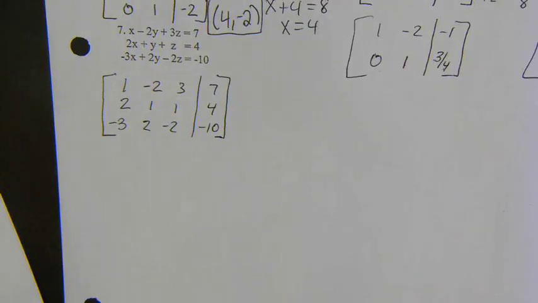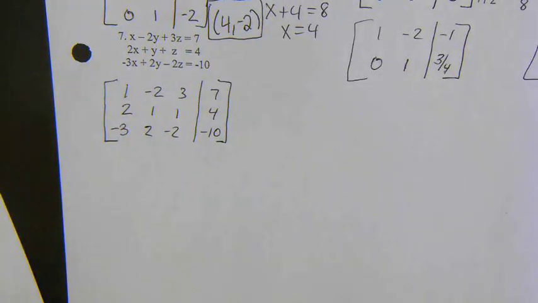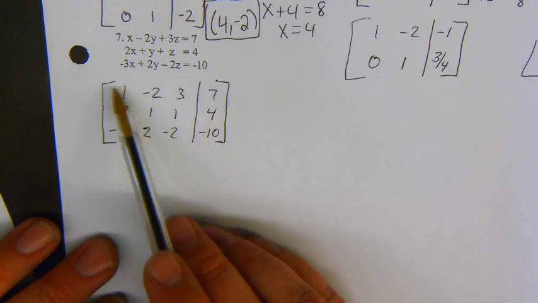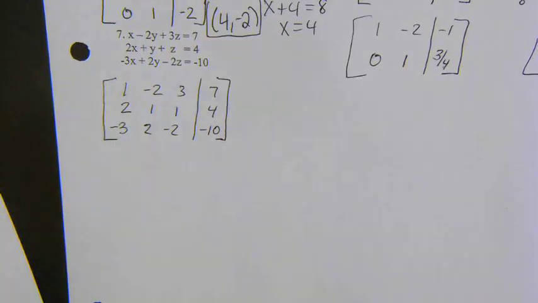Well, you can interchange, except that neither of these are 1s. That may help you do another step, but if this is a 4 and I want it to be a 1, what's something else you could do besides division? Anybody?